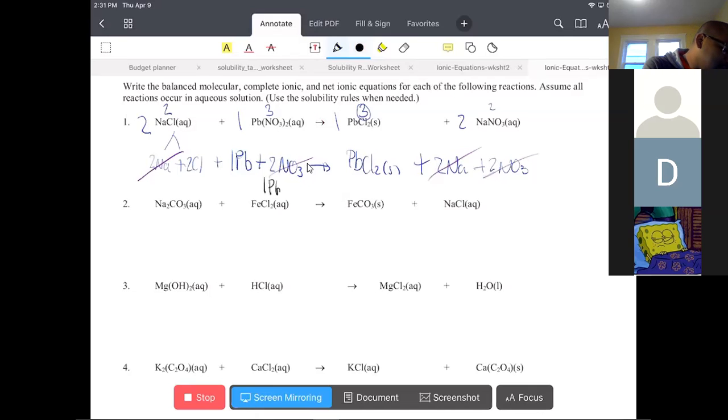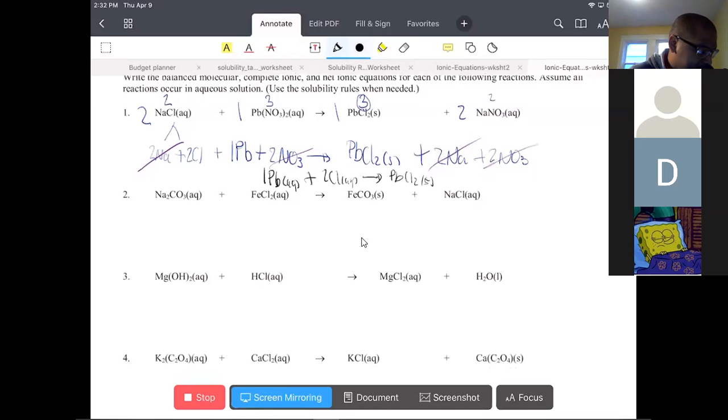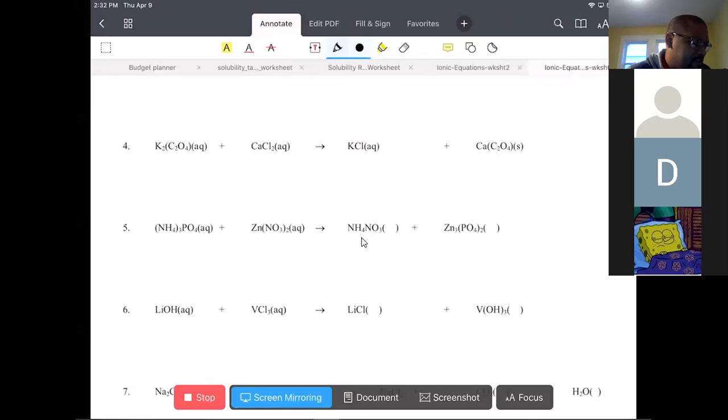So I have 1 Pb, I always bring the state back in, plus 2Cl goes to PbCl2 with an S. Questions on that? No. Yeah, like I said, I think it's pretty self-explanatory.